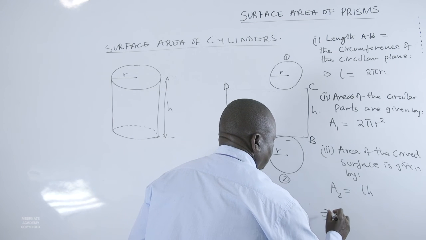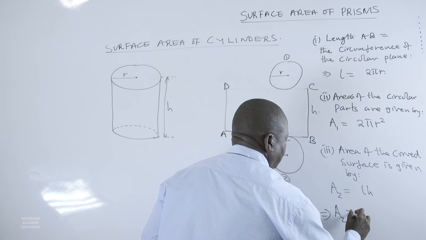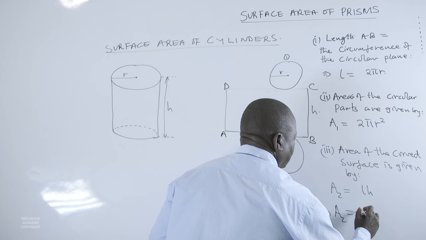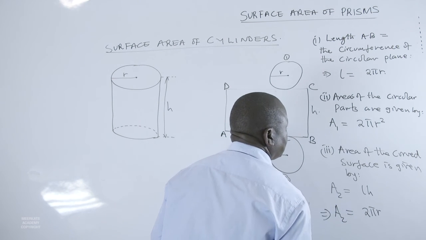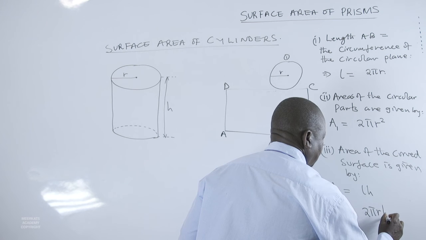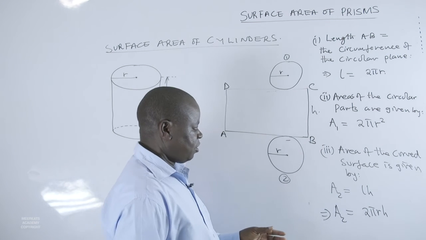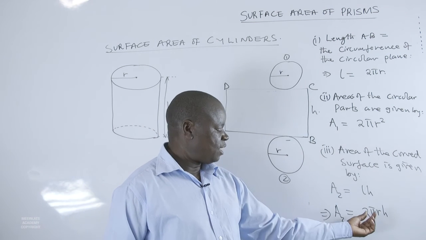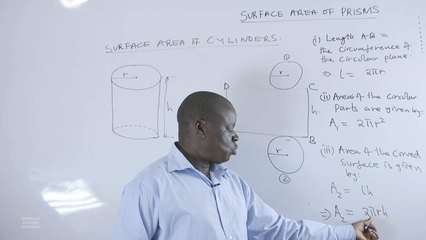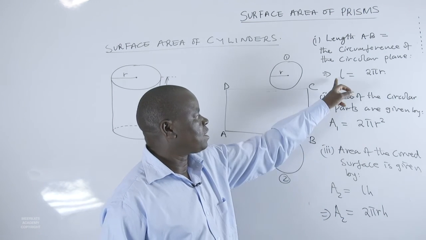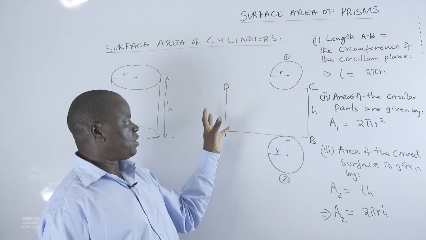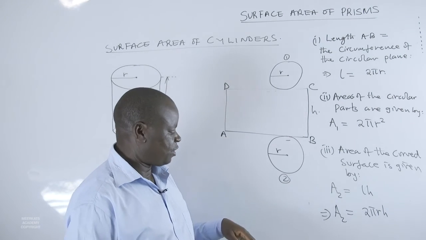So the curved surface now is given by 2 pi r h, where 2 pi r is the length of the curved surface.